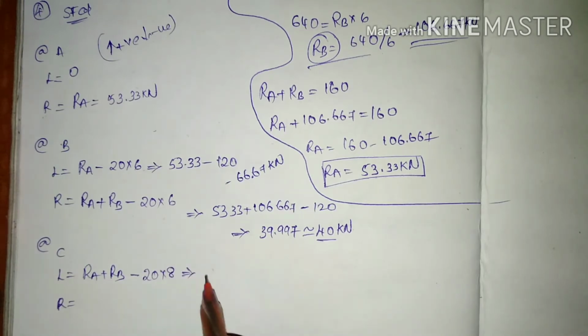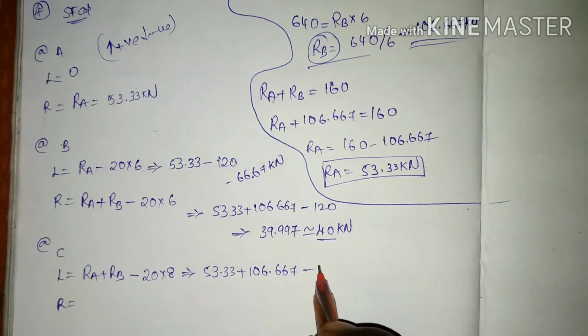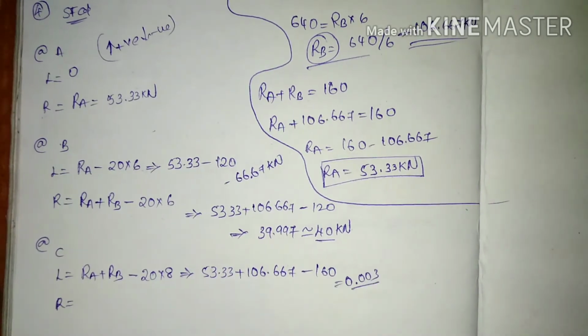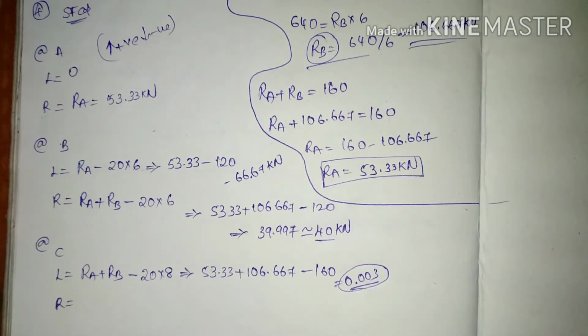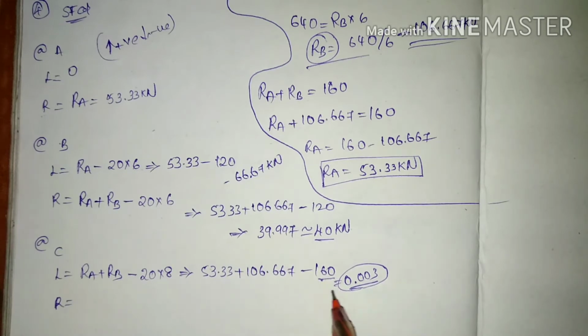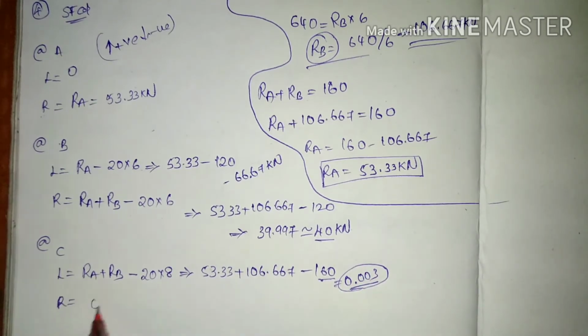The value is going to be 106.667 minus 160. The value will be, for the left, 0.003. The value is going to decrease when the UDL acts on the beam. Here for the right, the total up to C is going to be 0.